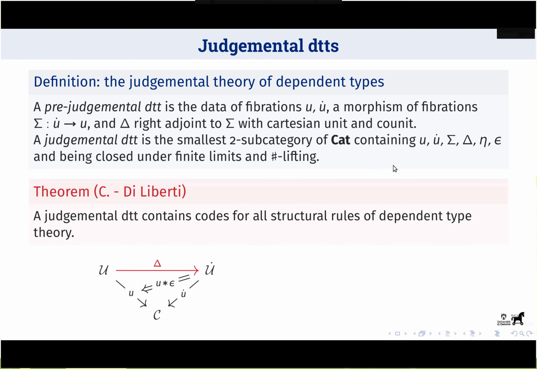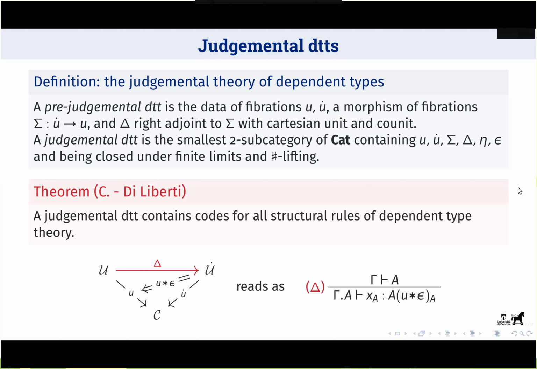And we have proved that a judgmental dependent type theory contains codes for all structural rules of dependent type theory. So in this very syntactic, diagrammatic way, it is actually a good model, not only for dependent types, but for the calculations that one does in it.